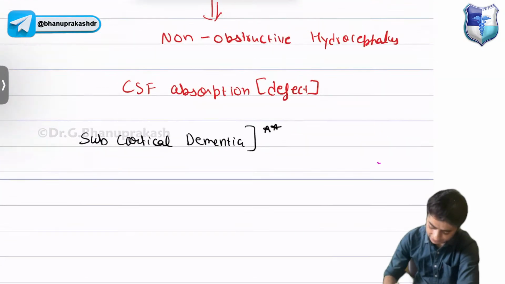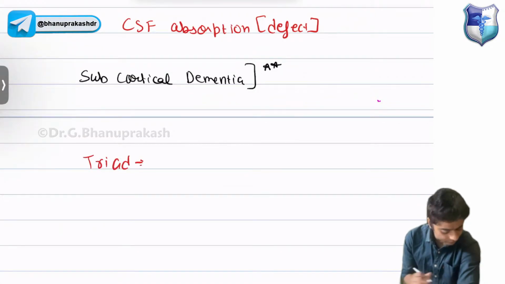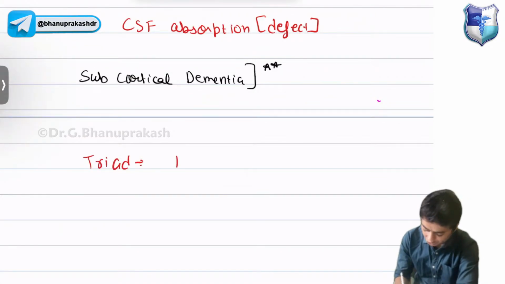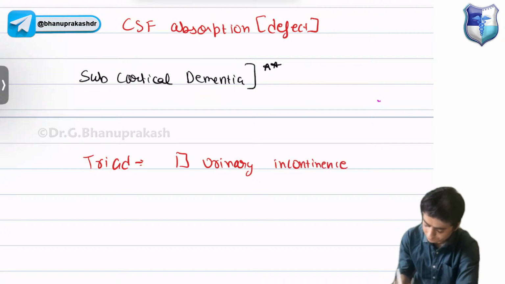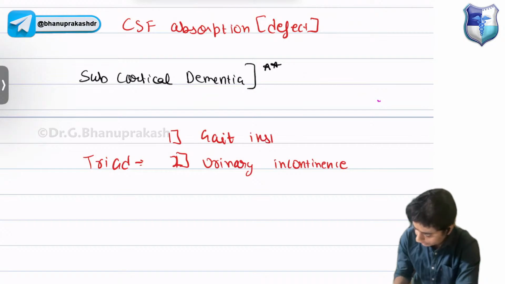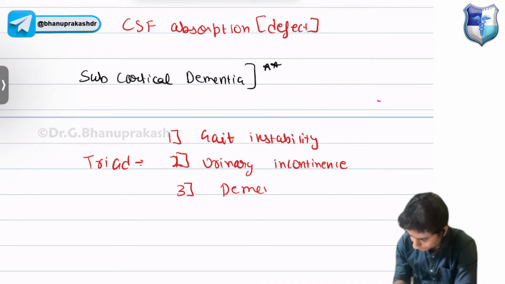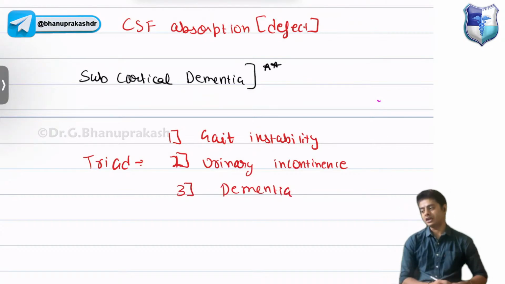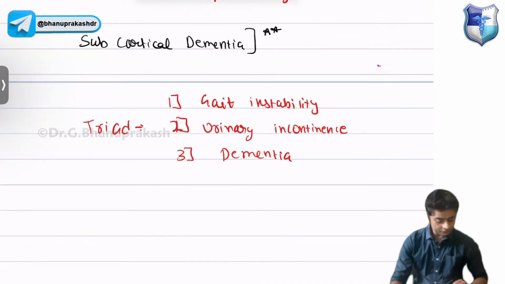So we have to remember the triad in this patient. Can anyone tell me the triad of NPH? First is gait instability, then urinary incontinence, and third is dementia.